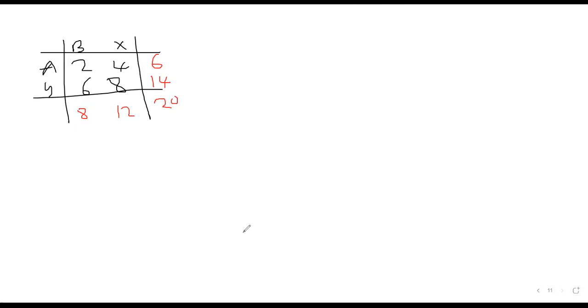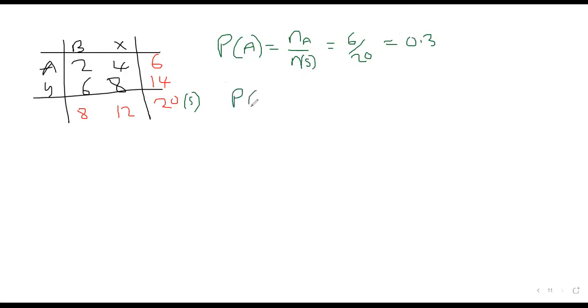So what is the probability of getting an A? Remember, I said A is simply the number of events that pertain to A over the total sample space. And that sample space is the grand total in this case, which is 20. So the total for A is what? 6. Divided by the grand total, which is 20. What do we get? 0.3. Can somebody try? What is the probability of B?